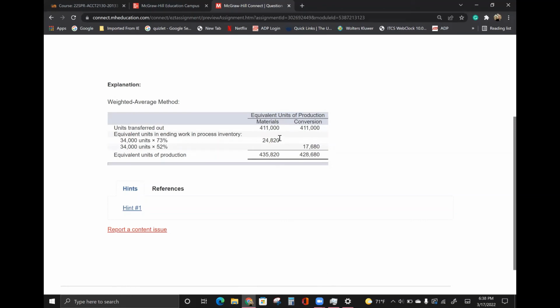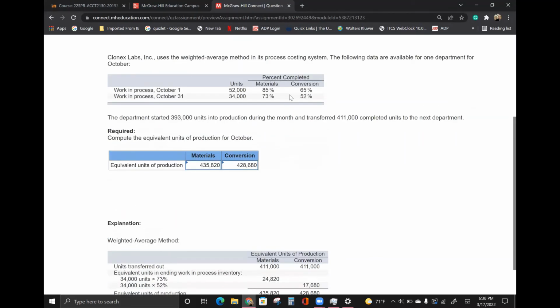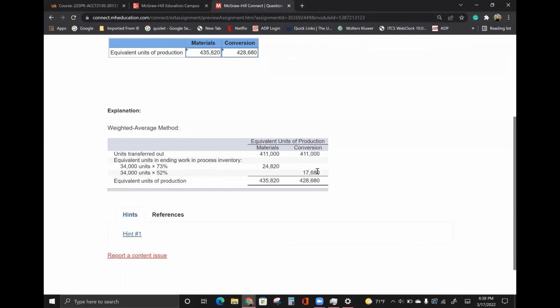Because we're saying that portion's complete, we're going to include that in the units coming out. So we have total equivalent units of production of 435,820. Then for the conversion, it tells us we had 411,000 coming out plus this 34,000 times the 52% complete, which is 17,680. So we add those together.